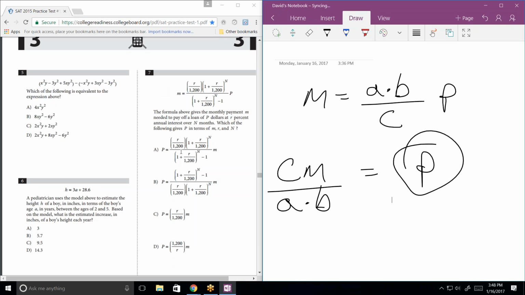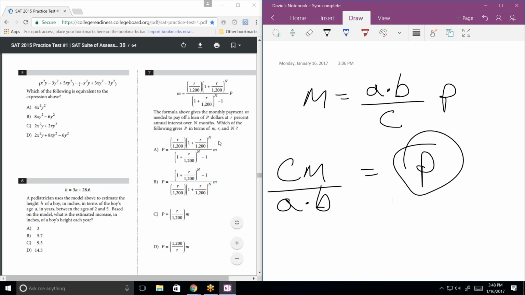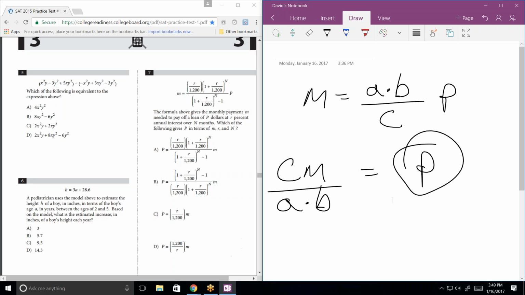In other words, if you look at the answers before you try to answer the question, that tells you which direction you need to go. You can tell that you don't need to do any of this multiplication or division here. Because all you need to do is solve it like this problem on the right.